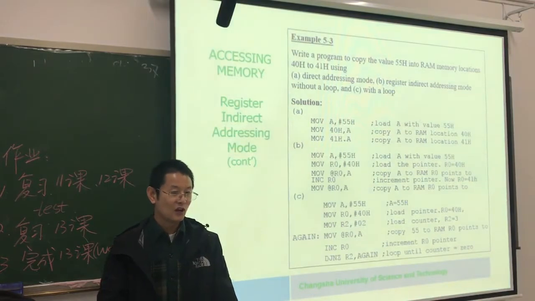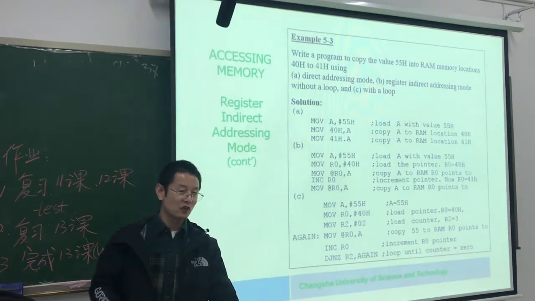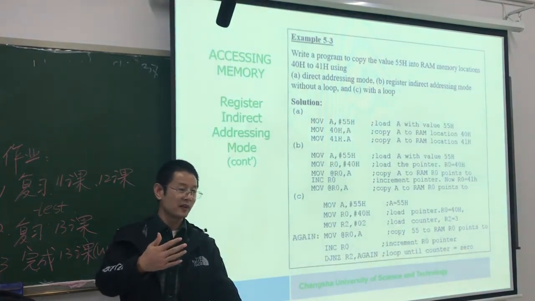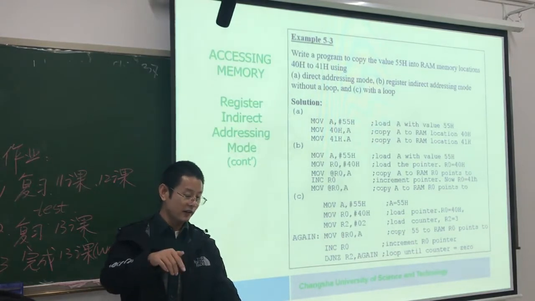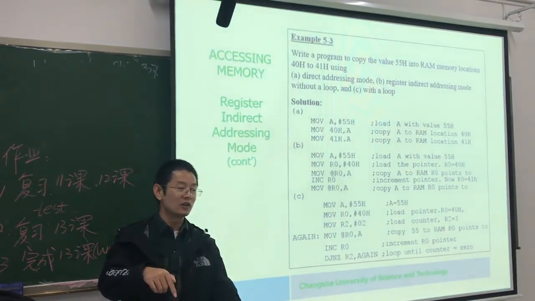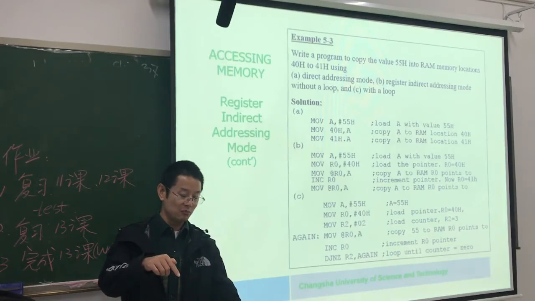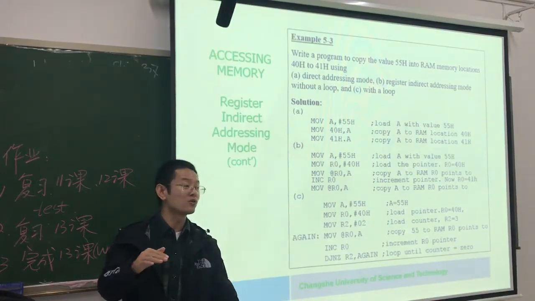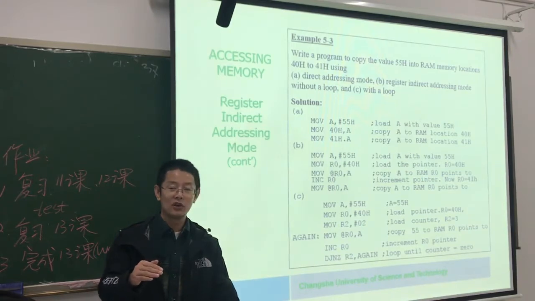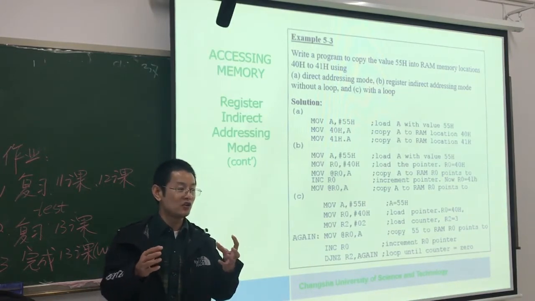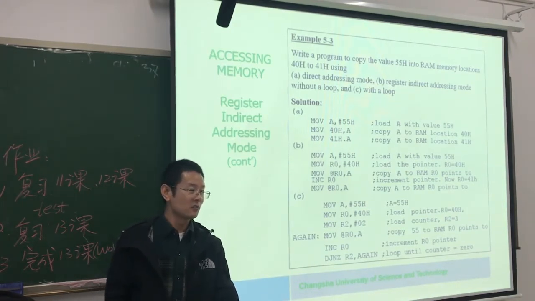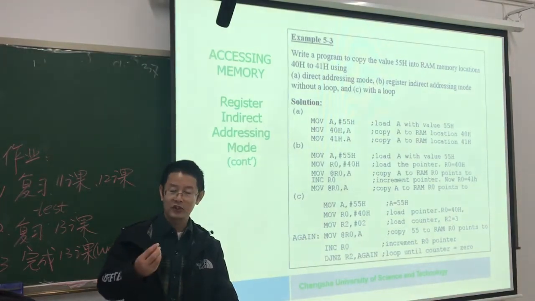If you don't understand the address model, you can run the program in Proteus, so you know the address relation between the code and the directive.